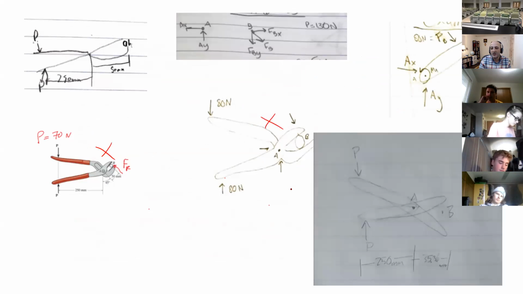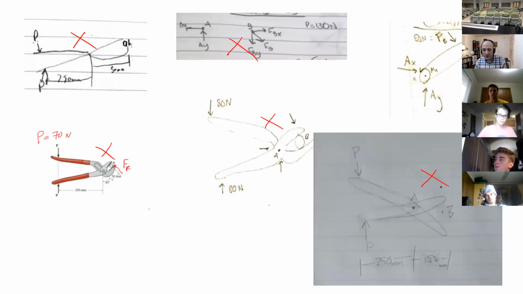Step 1 is not done. Step 1 kind of done. Step 1 is missing. Step 1 is missing. If you follow those 3 steps, you are able to draw a free body diagram for every problem that you're going to face in statics, dynamics, and mechanics of materials, all of these courses. So remember the 3 steps of a free body diagram. We're going to talk about it a lot today.